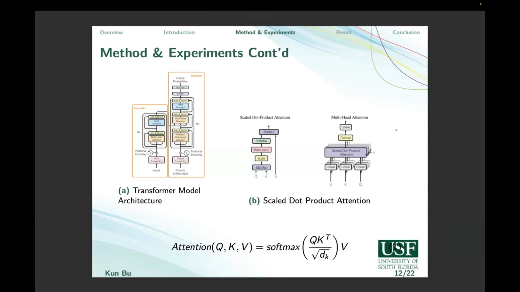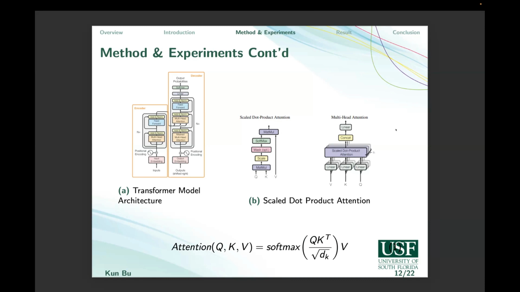So the method we conducted is called the transformer model. As you can see, figure A is the transformer model architecture, where it's separated into two parts. On the left-hand part is the encoder, where we have our inputs, and we use the positional encoding to handle our input.